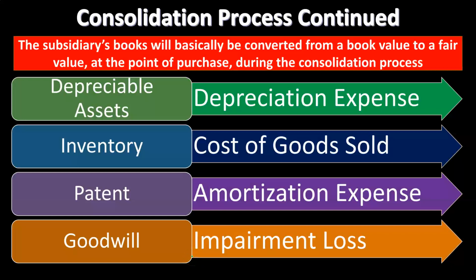So when goodwill goes on the books, we're going to have to put it on the books when we do the consolidation process, because it's not going to be on either P's books or S's books. It's going to be as a result of the consolidation process that we're going to put the goodwill on the books. And then we're going to have to test for impairment of the goodwill to see if the goodwill has been impaired, and if so, then we'll account for that impairment.